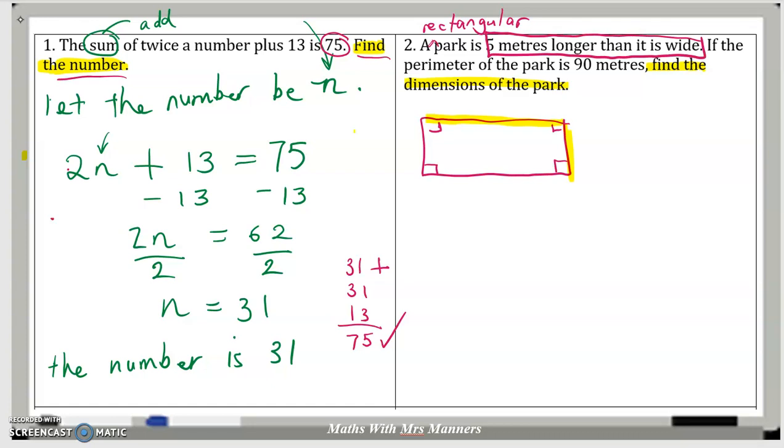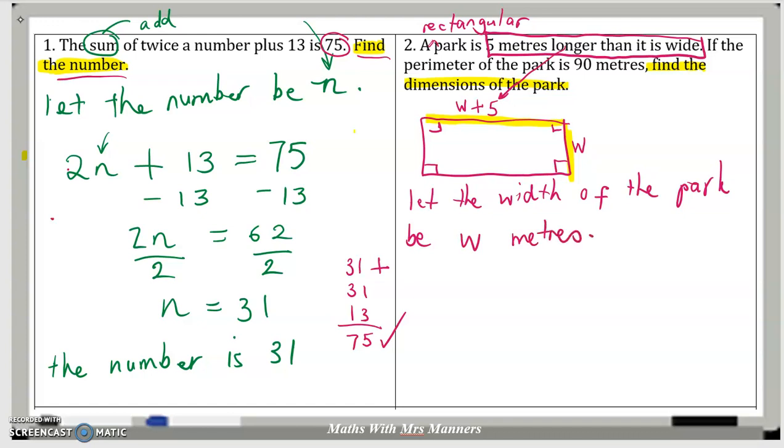So I'm going to let the park be w wide, and if it's 5 meters longer than it is wide, then the length must be w plus 5, because that's the 5 meters longer. So my let statement will be: let the width of the park be w meters.